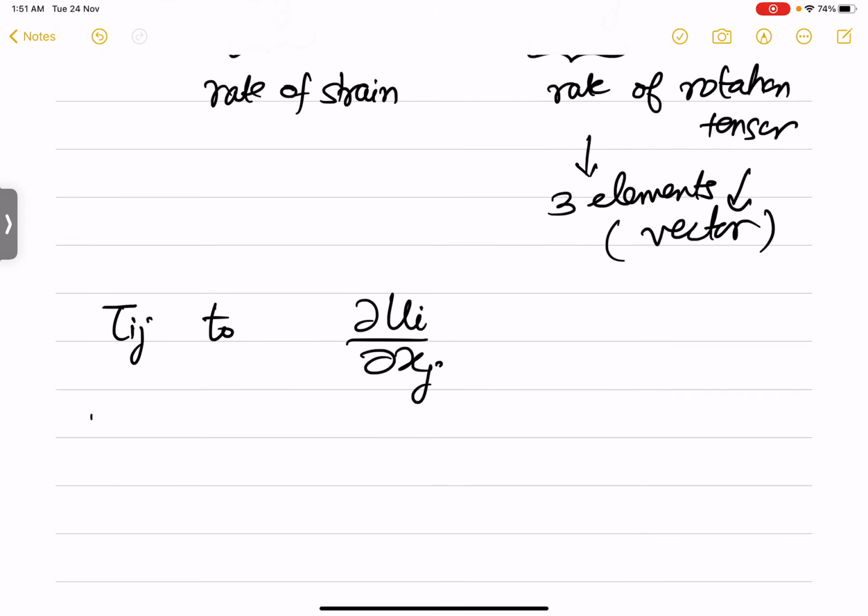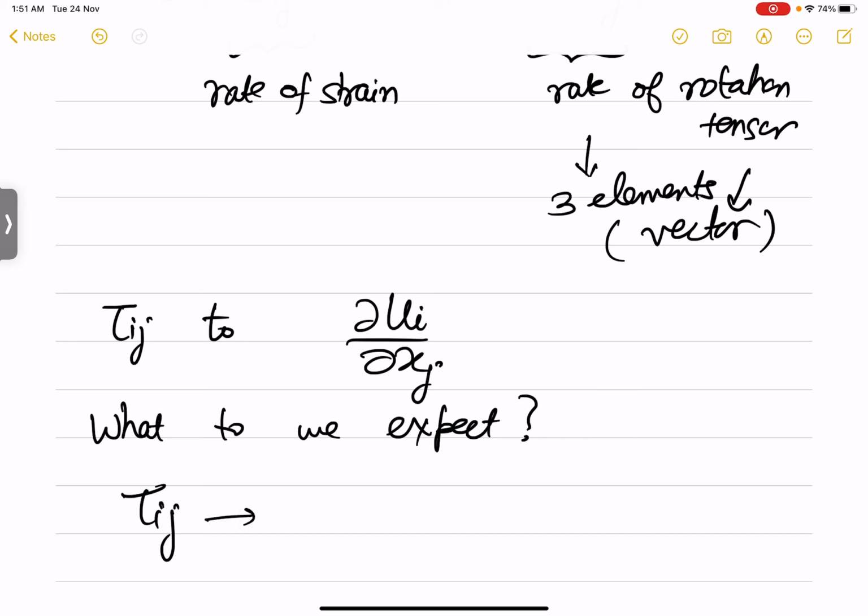Now what do we expect? Do we know anything about tau ij? Firstly we know, of course, these are the stress parts or the shear stress, or I should actually call it the viscous stress.